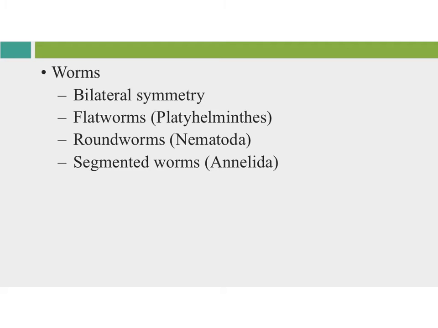All right, the next section is worms. Worms are long, soft-bodied animals with bilateral symmetry. Remember, bi means it can be divided into two even halves, kind of like a mirror. Three of the major ones are flatworms, roundworms, and segmented worms.